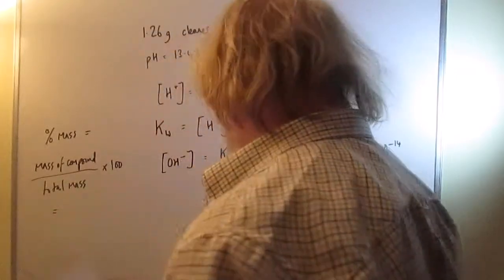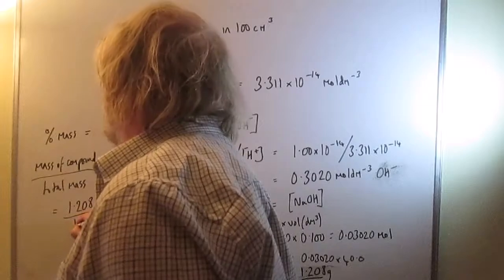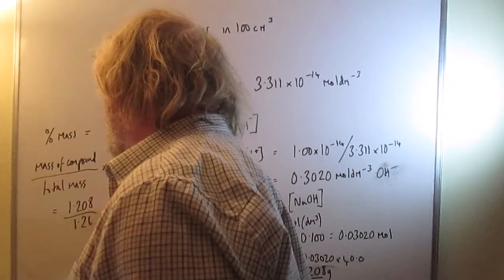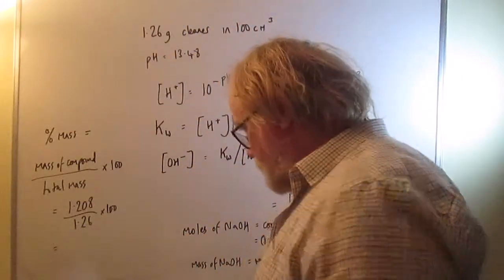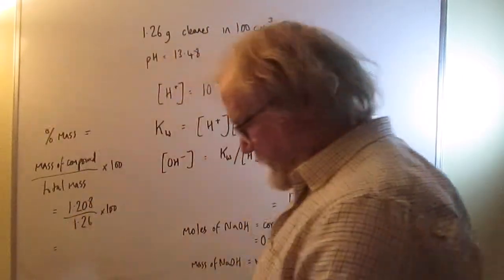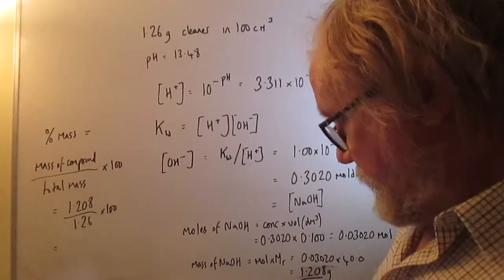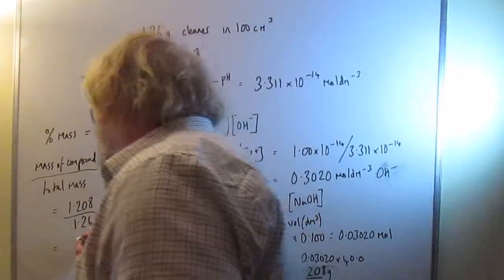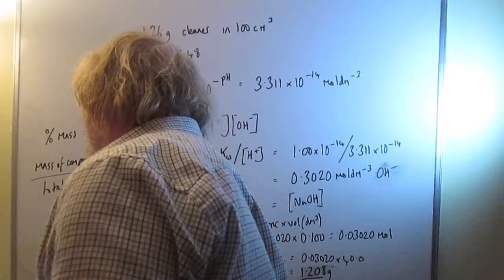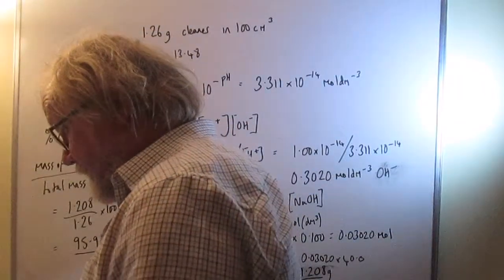So that's equal to 1.208 divided by 1.26, times 100, which equals 95.9%. Is what you should get for that one.